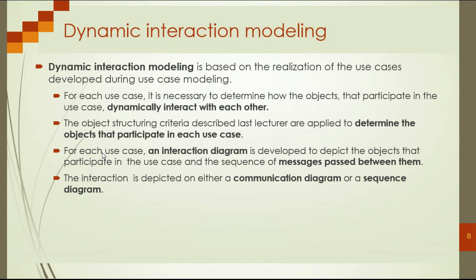Also, we should determine the messages passed between the objects. The last point here says that the interaction is depicted on either a communication diagram or a sequence diagram. So in the next video, both the sequence diagram and communication diagram will be explained in detail.